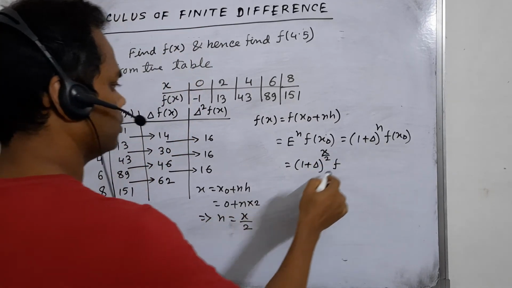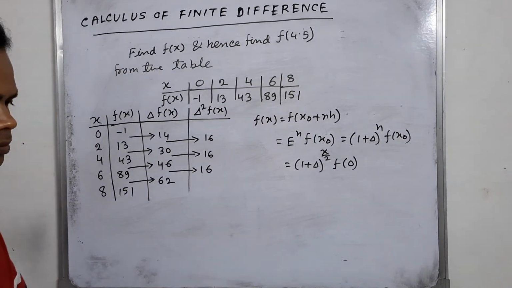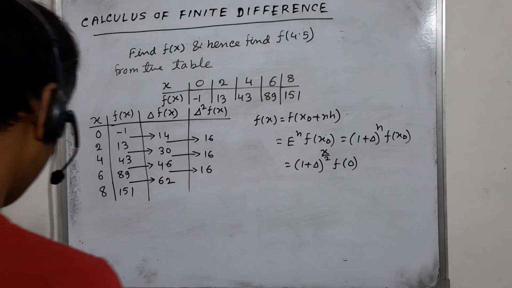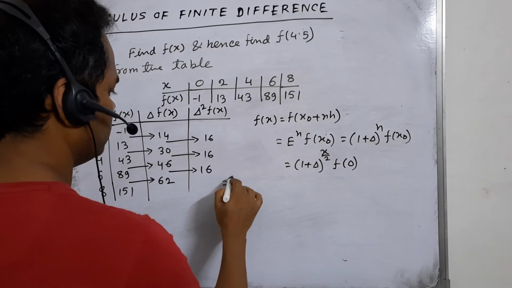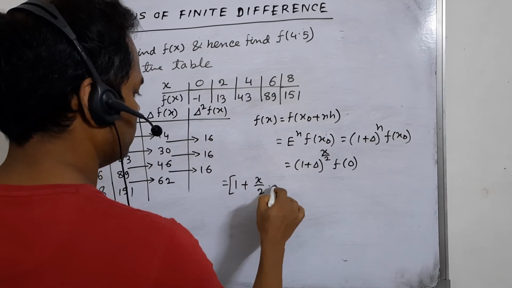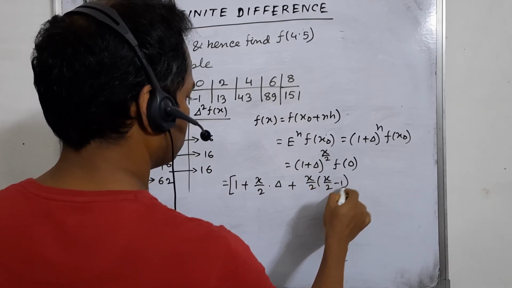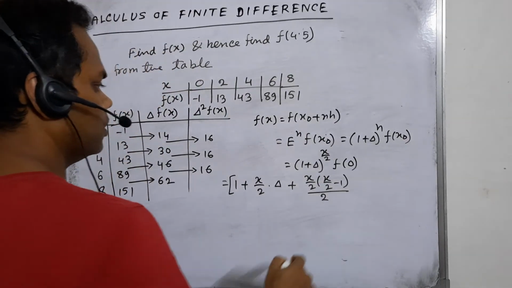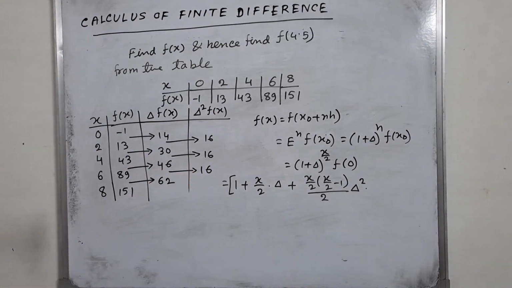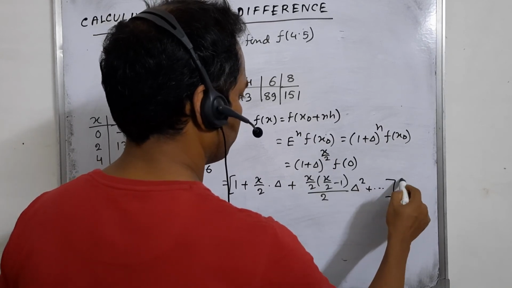Here x naught is 0, so f of 0. And 1 plus delta to the power x by 2 is equal to 1 plus x by 2 into delta plus x by 2 into x by 2 minus 1 by 2 factorial into delta square, and the rest of the terms are not needed because del cube and del 4 are 0, plus dot dot, f of 0.